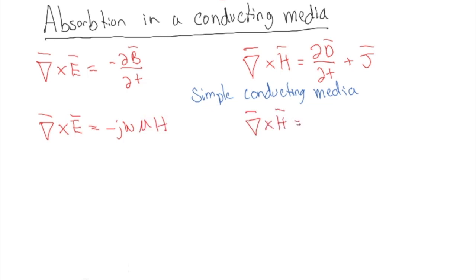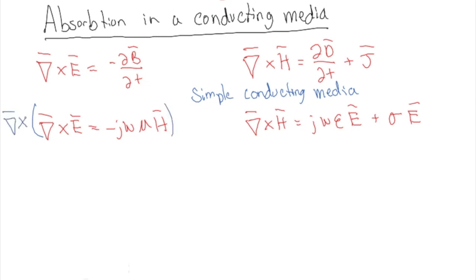So as you can see, we've substituted μH for B and εE for our D. So we're going to again manipulate these equations, but we're only going to manipulate our Faraday-Maxwell law by taking the curl of it.